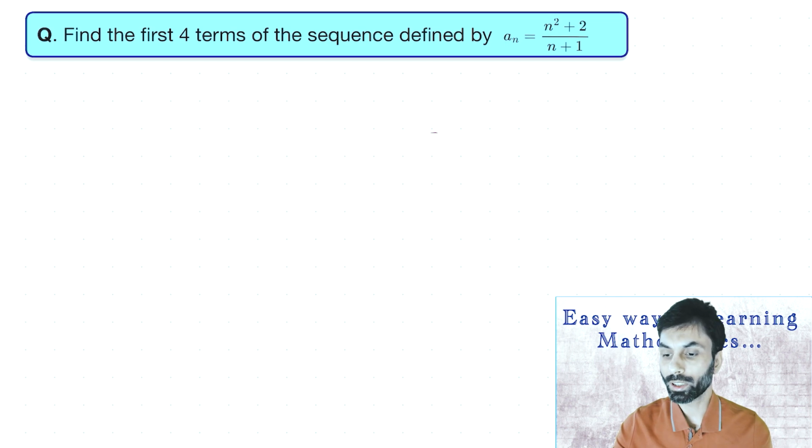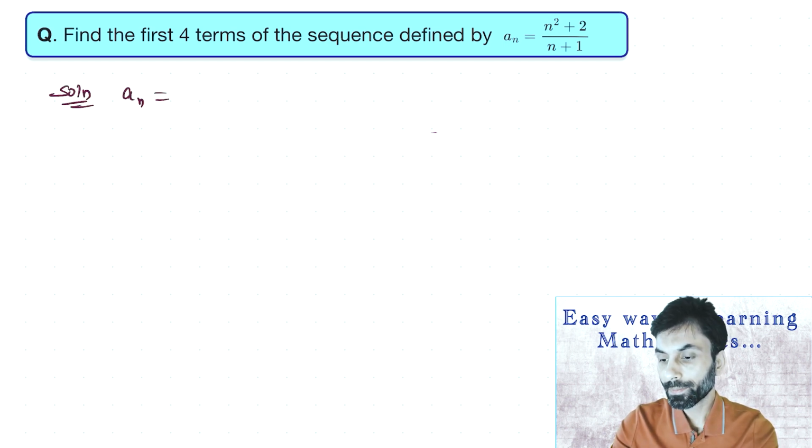Let's talk about the first question here, which says: find the first 4 terms of a sequence defined by an equals n square plus 2 upon n plus 1. These types of questions are simple. We just have to replace n with 1, 2, 3 and 4 and we'll get the values of the respective terms.